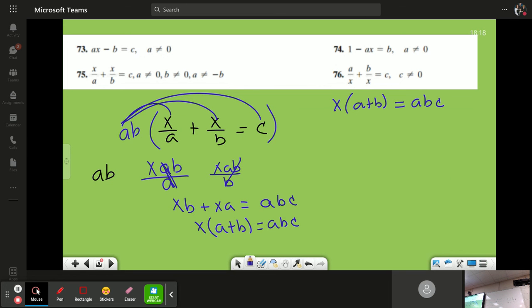So who do I need to divide by? X is multiplying times the A plus B, so I'm going to divide by the A plus B. X equals A times B times C divided by A plus B.